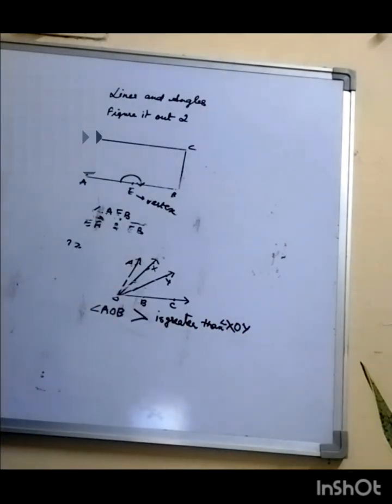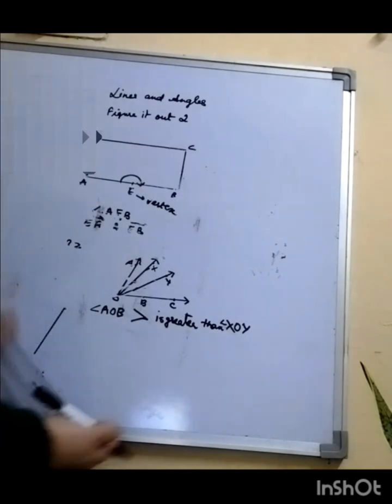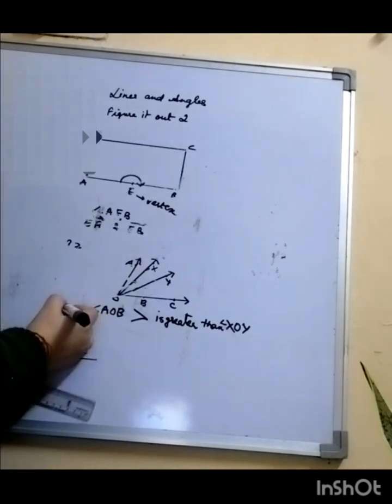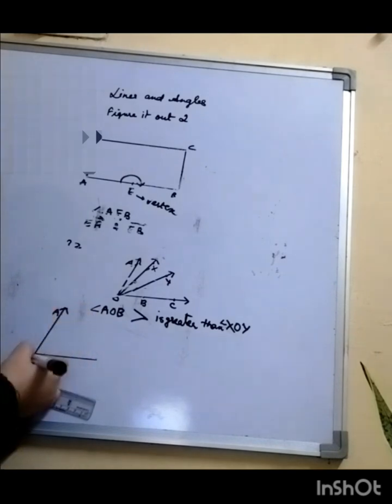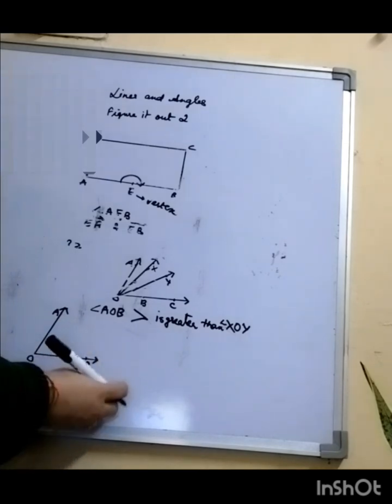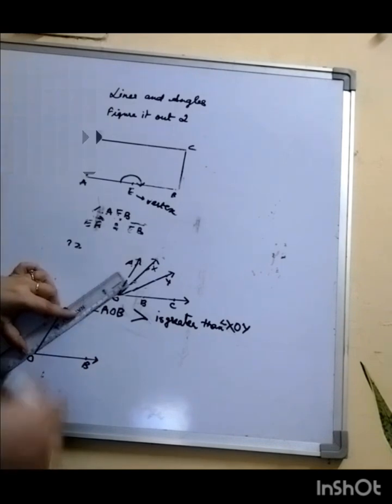Then the second question is compare angle AOB and XOB. So again your AOB, if I redraw, and XOB. X is lying in the interior of the angle.